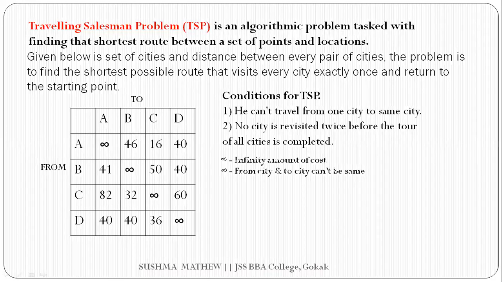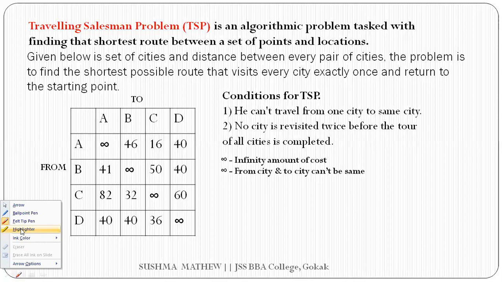Now in the problem I have given here, you can see the from city and to city, and in between the distance from A to B. You can see A to A there is infinity, B to B there is infinity, C to C there is infinity. I hope you all remember the symbol of infinity. What does that mean? If a person starts from city A, he cannot move to city A only.